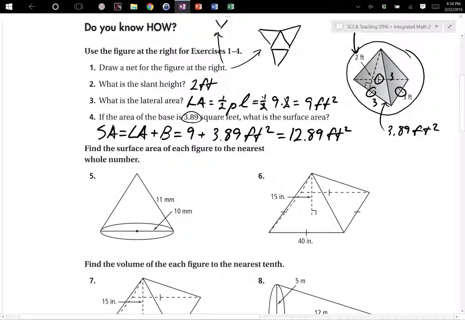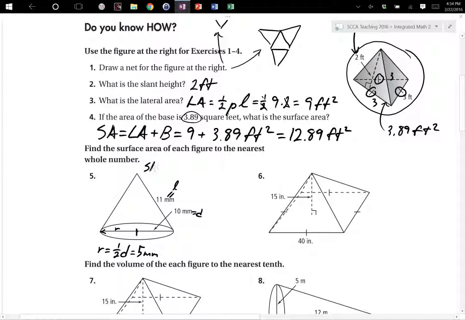Up next, we want to find the surface area of each figure to the nearest whole number. So first I need to find what I have. Here is my slant height, and this is my diameter. I need my radius. My radius is 1/2 of my diameter, so it's 5 millimeters. One way to think about it is this piece is radius from here to here, but the whole thing is my diameter.